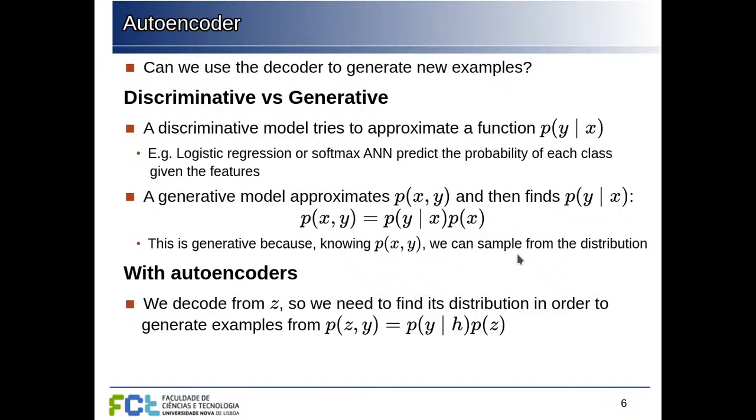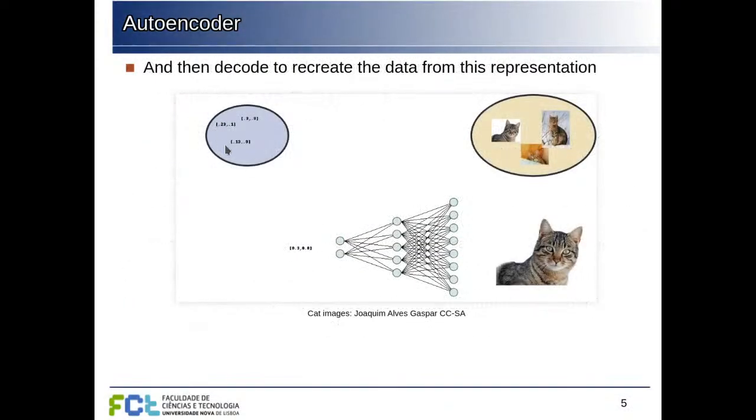So basically with autoencoders, suppose that we have, this should be a Z, not an H, but suppose that we have the probability distribution of the values in the hidden representation. So if you know how this hidden representation is distributed, combining this with the model we have here that gives us the conditional probability of the output based on some input.